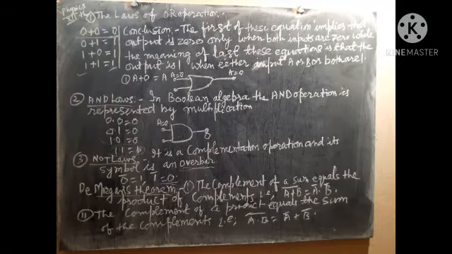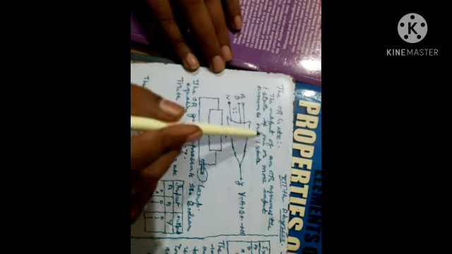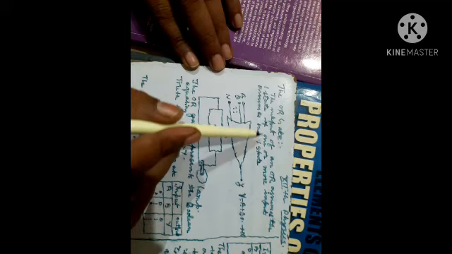Next thing we want to discuss about the OR gate. Here in this case, OR gate, the output of an OR gate assumes the one state if one or more inputs assumes the one state. Here I have drawn this figure.